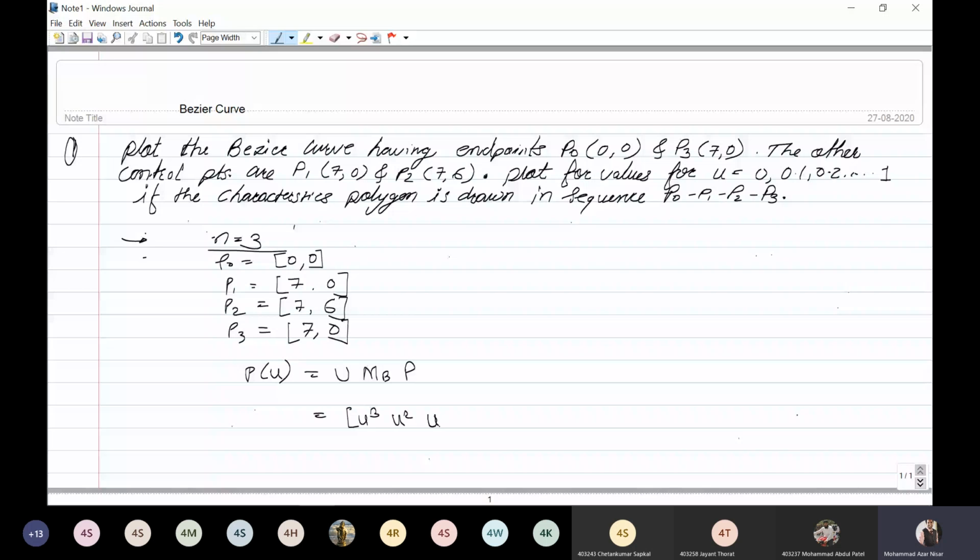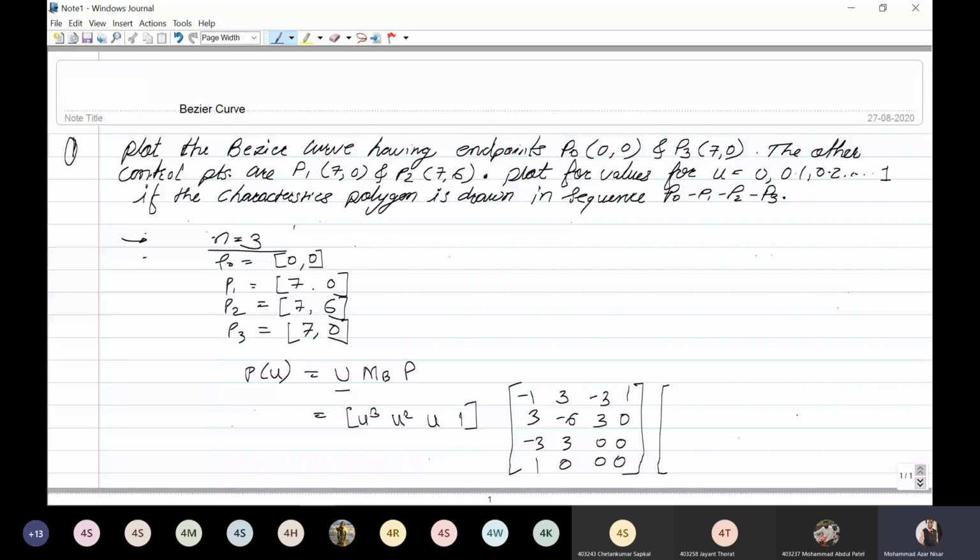This will be the value for U. Then M, from the derivation we have found: -1, 3, -3, 1. Then 3, -6, 3, 0. Then -3, 3, 0, 0, and 1, 0, 0, 0.